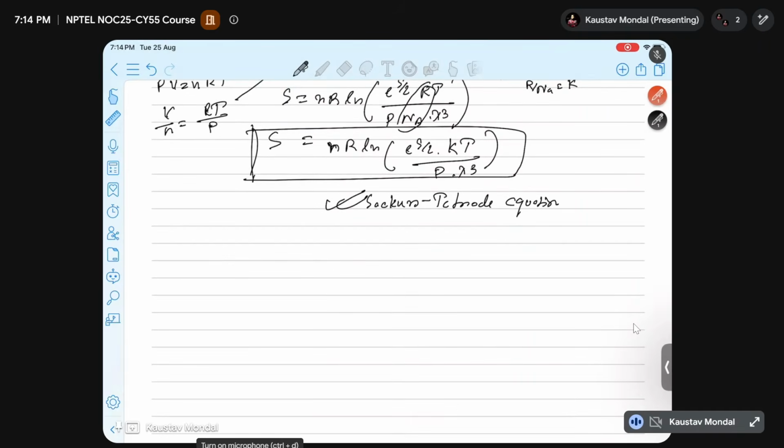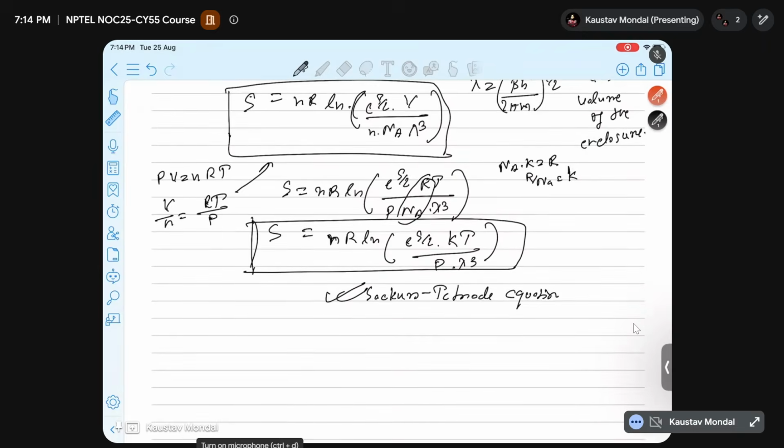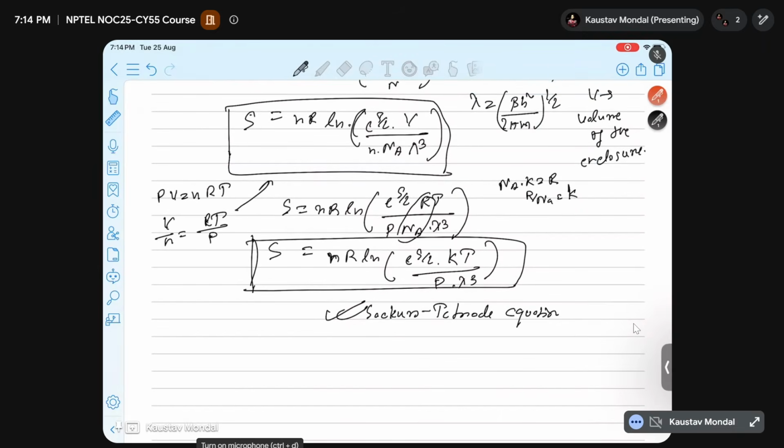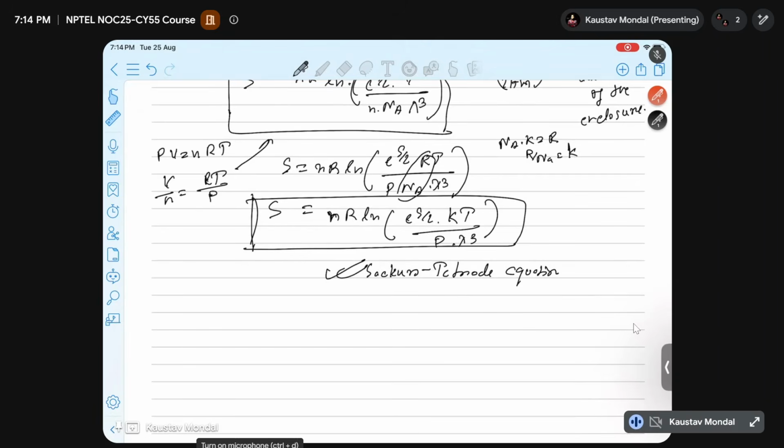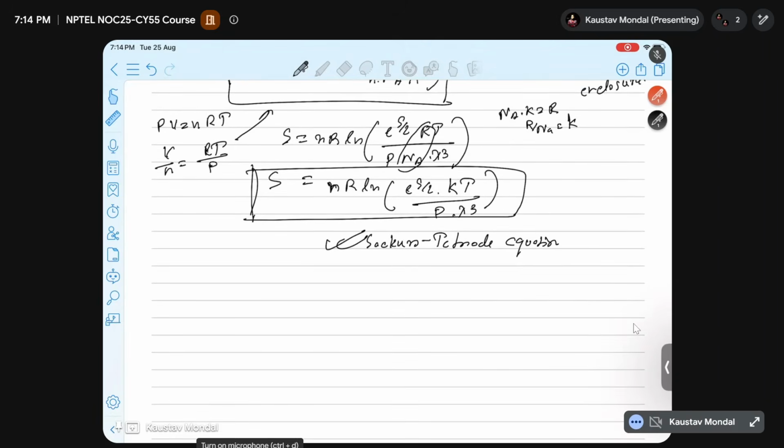Now one of the important features of this Sackur-Tetrode equation is this: you can use the molar entropy, so we can define the molar entropy here. Using this equation you can calculate the molar entropy.